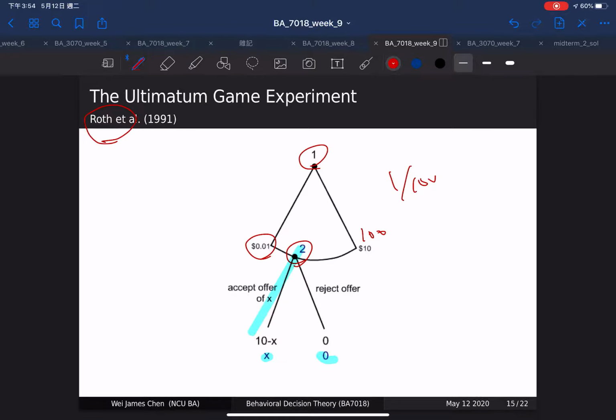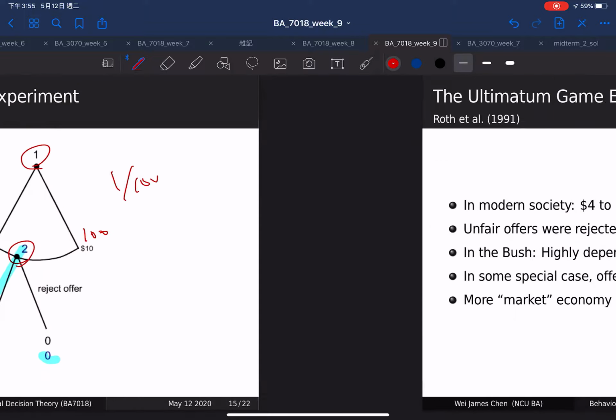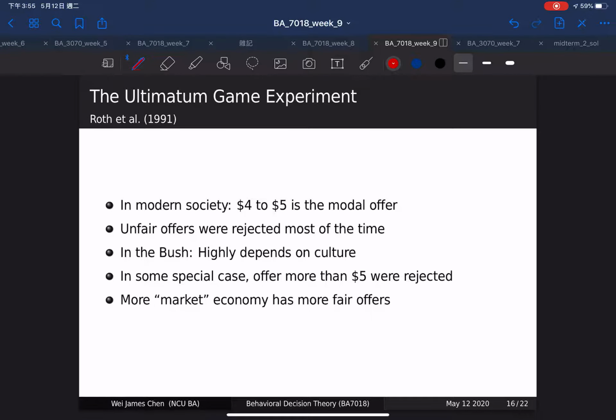But I don't know what happened in the game that you played, but I bet that's not what happened. In fact, they ran this experiment, actually a very famous study, across a lot of different countries, not just modern societies, but also developing countries, or even traditional bush economies deep in the mountains.